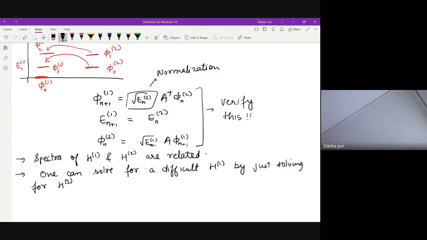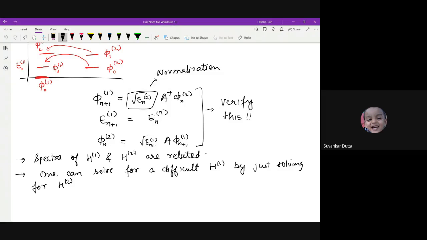Given H2 becomes simple. So for any generic system, you can define the corresponding supersymmetric Hamiltonian, but whether that works is a question.